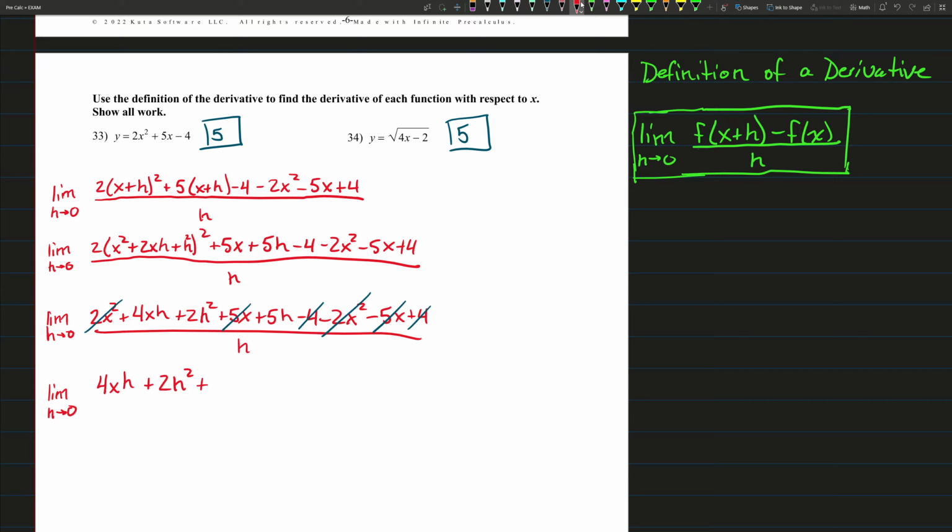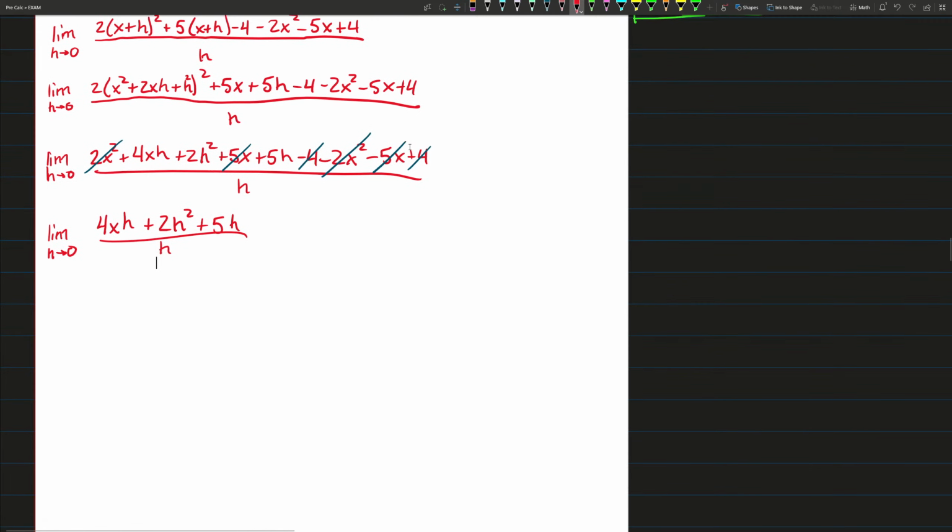and then plus 5h, all over h. And again, if we plug in that h, we're going to get 0 over 0. What we can do is factor an h out from the top. So this is the limit as h approaches 0 of h times (4x plus 2h plus 5), all over h.